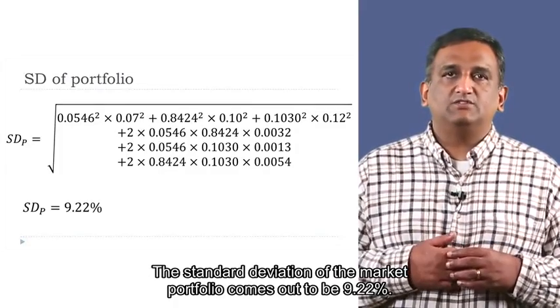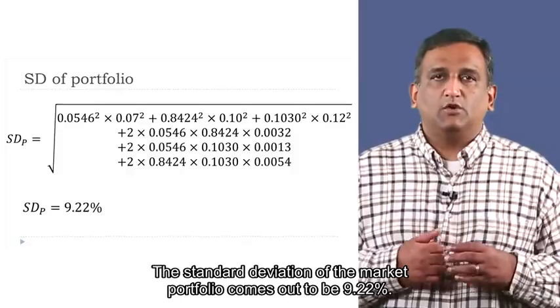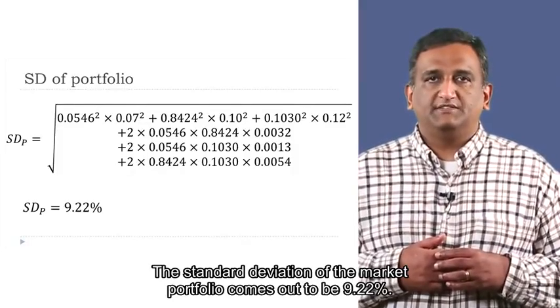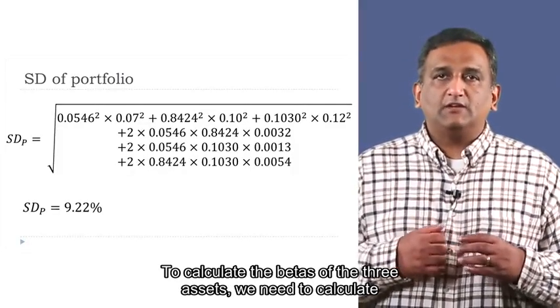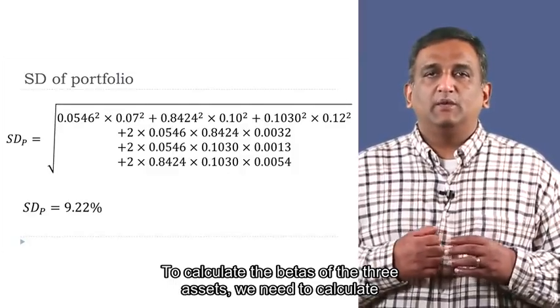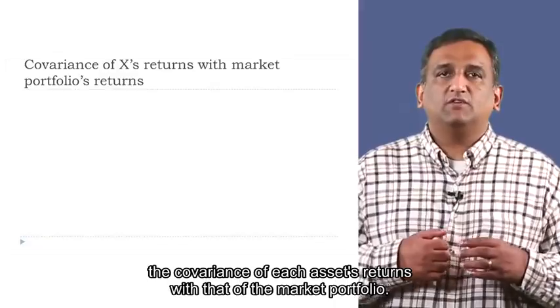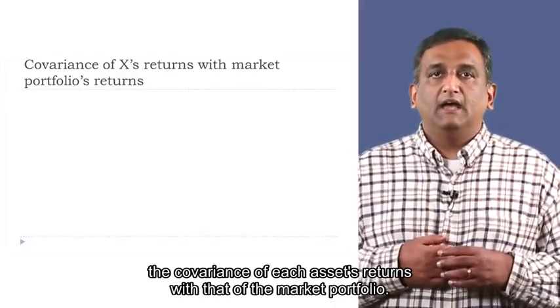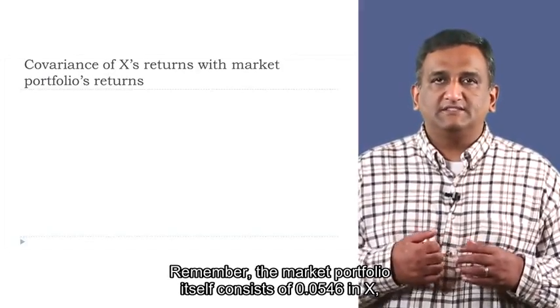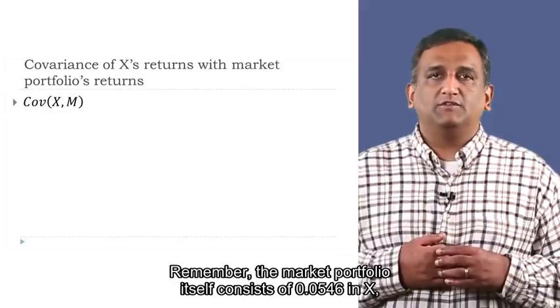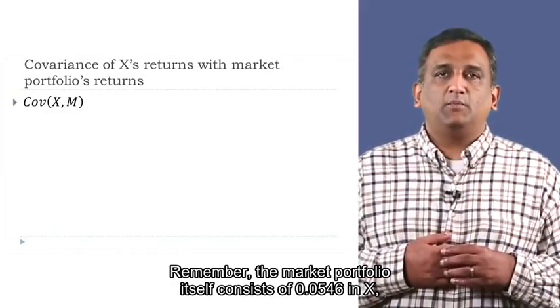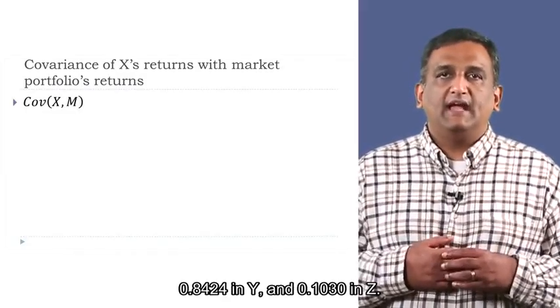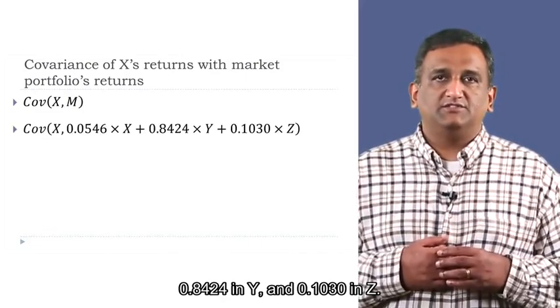The standard deviation of the market portfolio comes out to be 9.22%. To calculate the betas of the 3 assets, we need to calculate the covariance of each asset's returns with that of the market portfolio. Remember, the market portfolio itself consists of 0.0546 in X, 0.8424 in Y, and 0.1030 in Z.